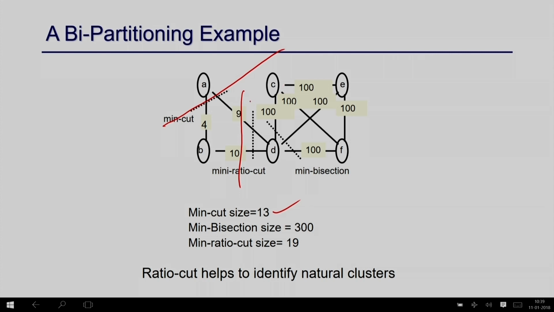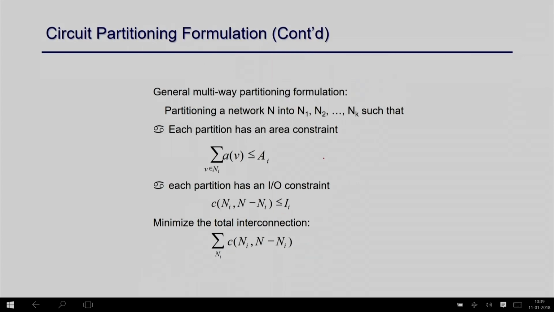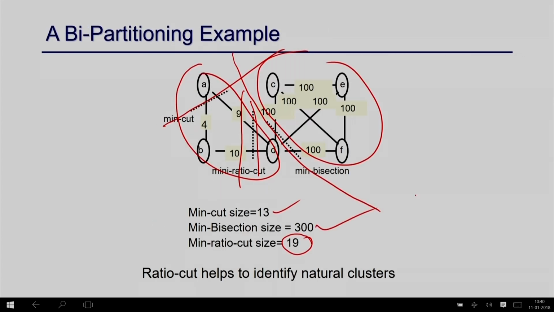This is the min cut ratio because in this case the number of nodes is 19. And this is the bisection, because this side has 3 nodes and this side also has 3 nodes, and the number crossing is 100 plus 100 plus 100, 300. So, your partitioning is something like this.